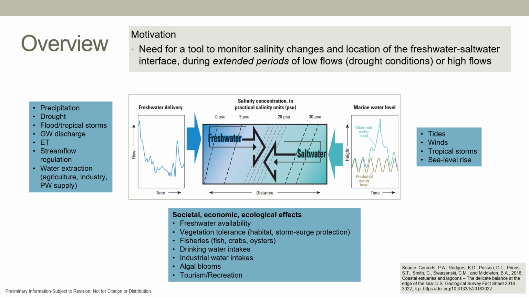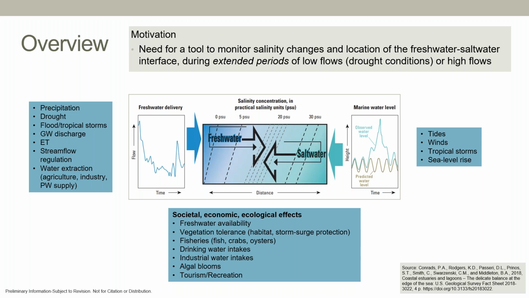So as described on the previous slides, the 2012 stakeholders workshop identified the need for a tool to monitor salinity changes in coastal waters. They realized that key stressors associated with drought in coastal waters involve increasing salinity concentrations, the changing location of the freshwater saltwater interface, and reduced freshwater availability.